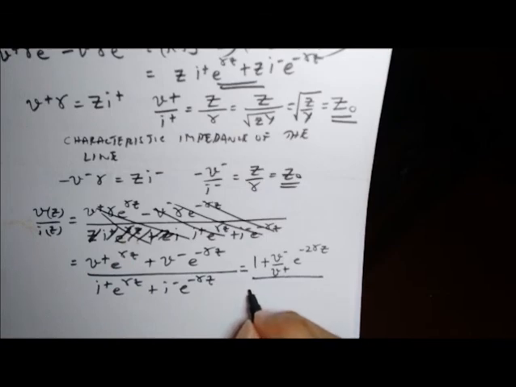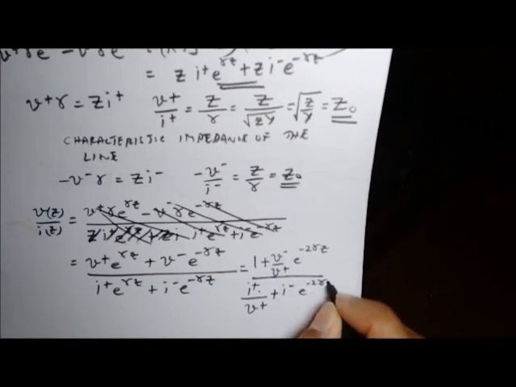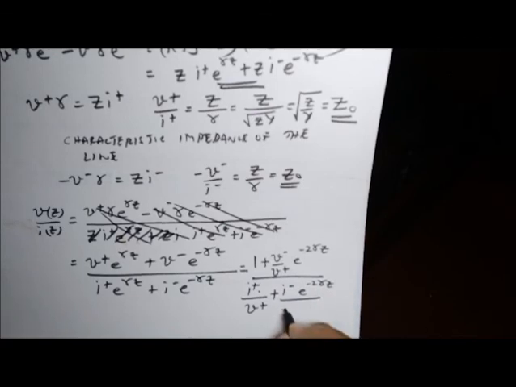So I will get I plus divided by V plus, plus I minus e power minus 2 gamma Z by V plus.